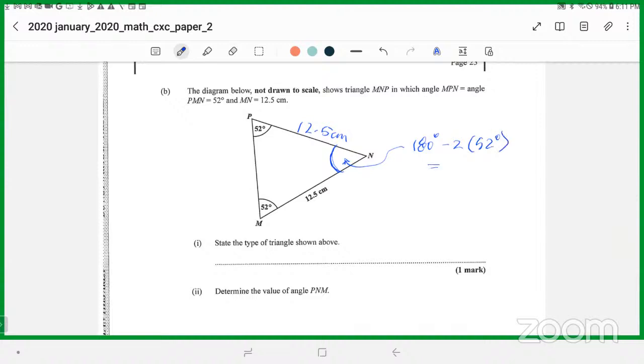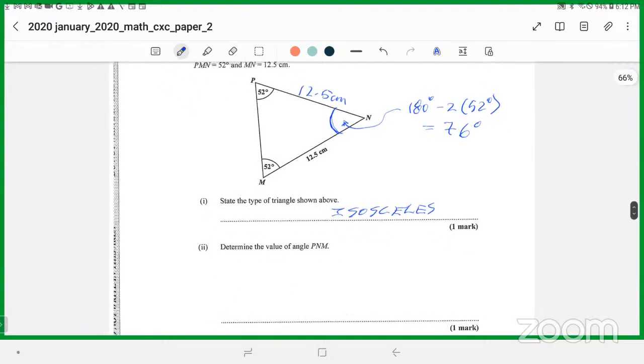What does that work out to? This is 104. That's what, 76? 76. Good, 76 degrees. Beautiful. You said what type of triangle it is. If it has 2 equal angles, it's an isosceles triangle. Isosceles. Beautiful.